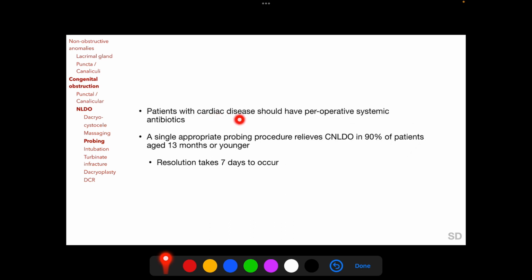Patients with cardiac diseases should be probed under cover of systemic antibiotics, and a single appropriate probing procedure relieves congenital nasolacrimal duct obstruction in 90% of patients when probed at the age of 13 months or less. Resolution of CNLDO after probing takes 7 days to occur.